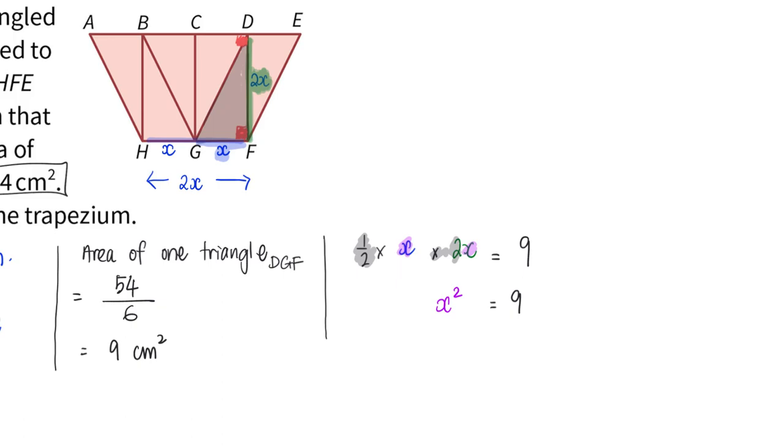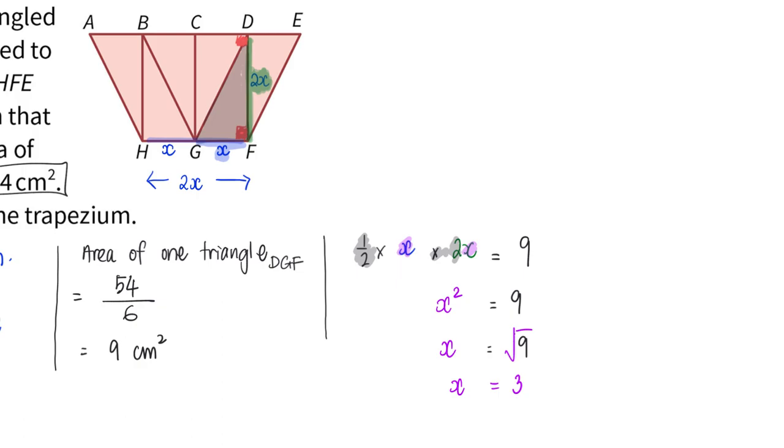So how do we find x then if there's a square? Well, in this case, we are going to square root 9, so that we would be able to get that x is equal to 3. 3 times 3 is 9. So 3 squared is 9.